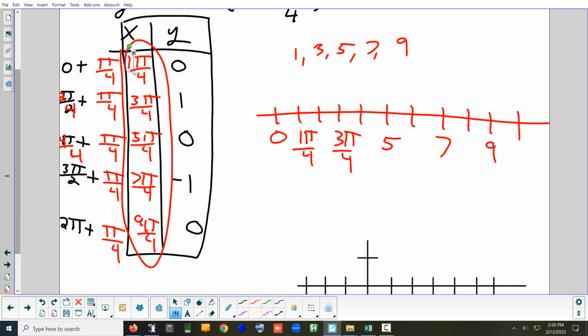This one will be 3 pi over 4, 5 pi over 4, 7 pi over 4, and 9 pi over 4. That's exactly how you have to do your labels. If you get confused with the pi, then fine. Think of it without pi. How would you do 1, 3, 5, 7, 9? Do it the same way you would do that.